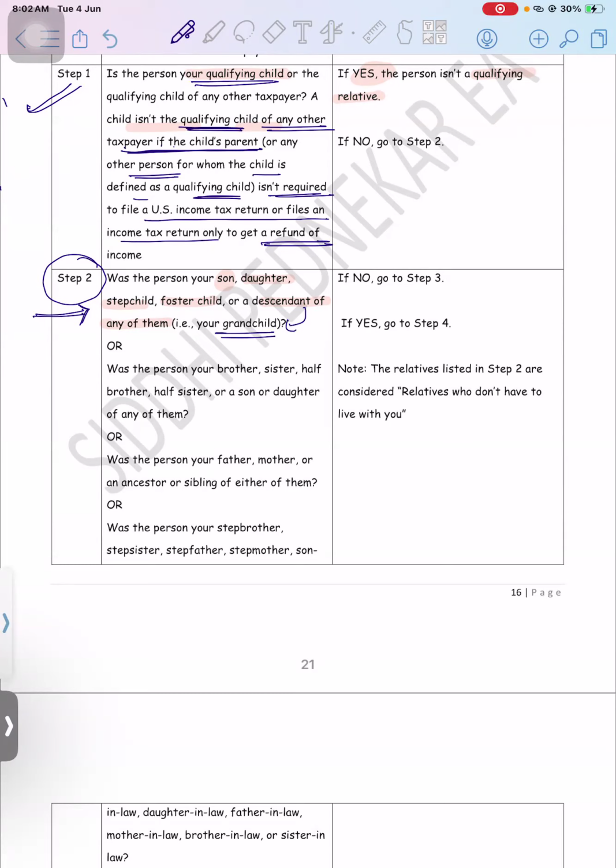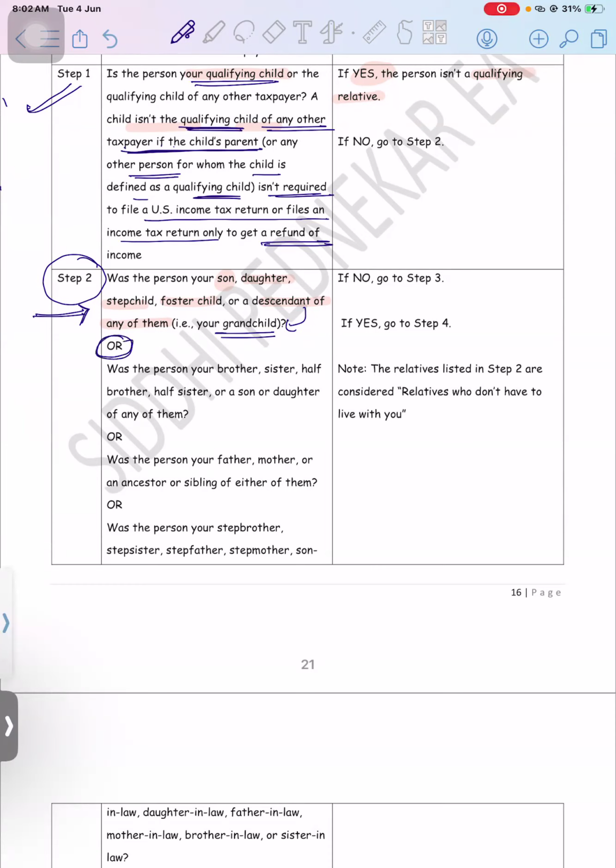Since the person is not fulfilling the age criteria in the above definition, they can fall under qualifying relative. If a child is 28 years of age, see, child doesn't mean a small child. It can be your child. See, you are also the child of your parents, right? Even if your age is more than 24, still you are a child of your parents, so you will be falling under the QR definition, qualifying relative.